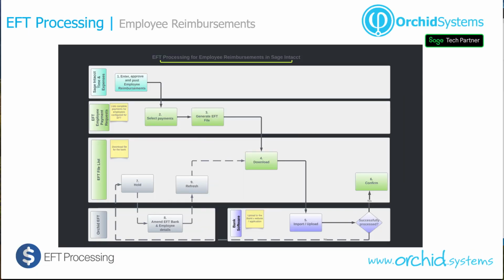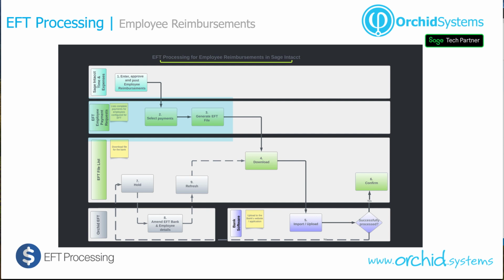From an employee reimbursement perspective, first you'd use the Sage Intacct time and expenses options to enter and approve and post the employee reimbursements. And then you would use Orchid's EFT employee payment request screen to select those payments, and you'll be selecting only payments posted for employees who are configured for EFT against a bank account which is configured for EFT.